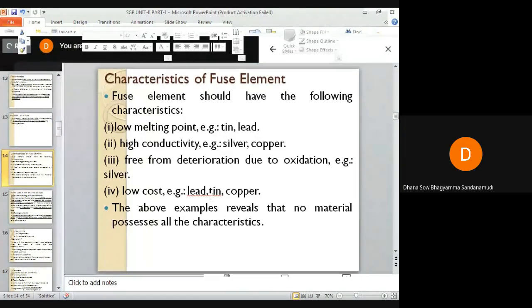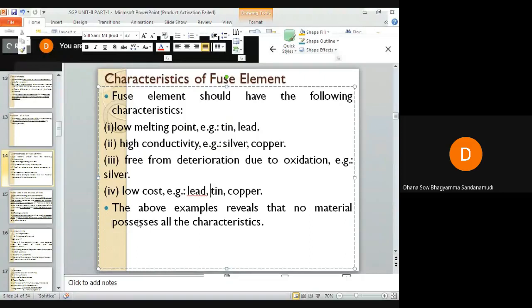And the fusing element should have low cost. Lead, tin and copper are available at low cost. If you observe here, tin, lead, silver, copper are all fusing elements. But tin and lead have a low melting point, silver and copper have high conductivity, silver is free from deterioration due to oxidation, and lead, tin and copper have low cost.